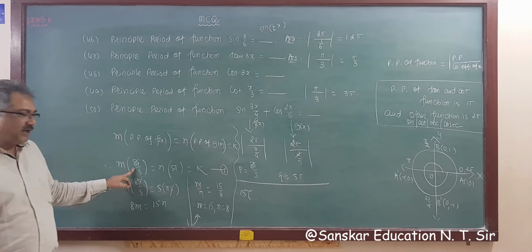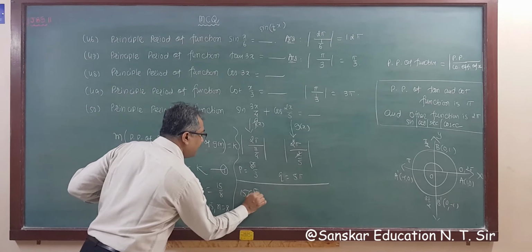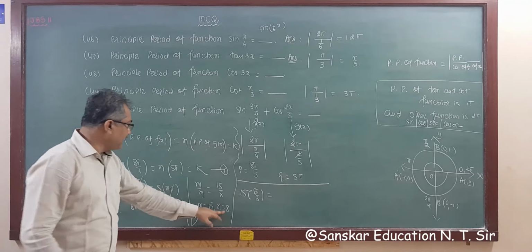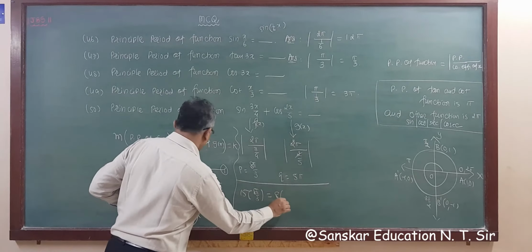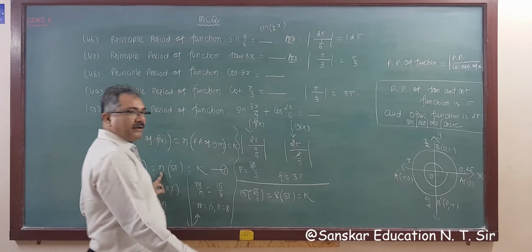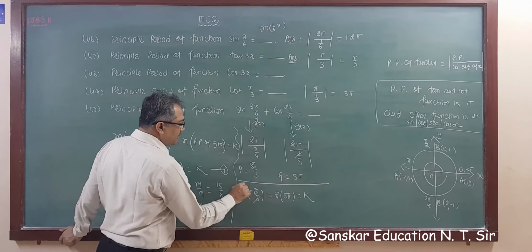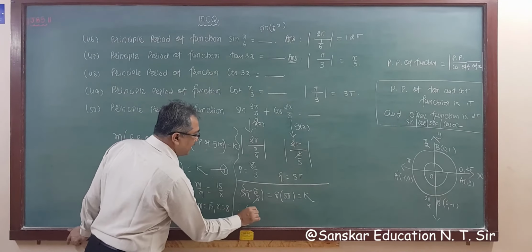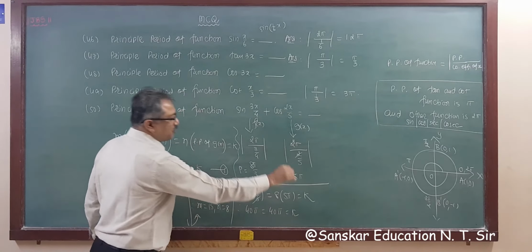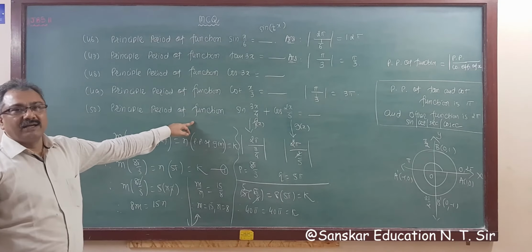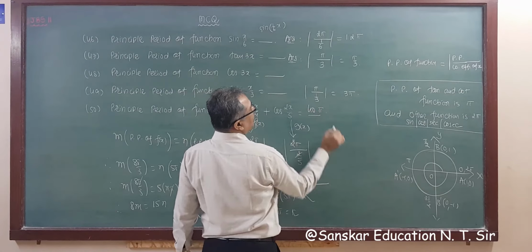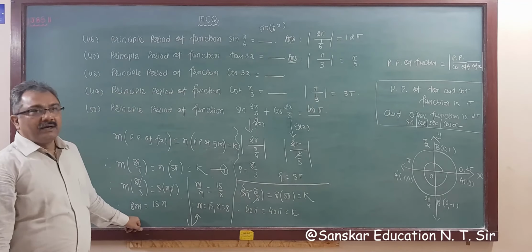So 15 into 8π/3 is equal to n, so n is 8 into 5π is equal to k. So this will be cut. So what we get? 40π is equal to k. So the principal period of this function, the answer, is 40π. So this is the principal period of the given function.